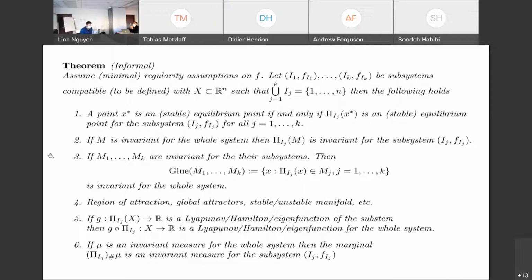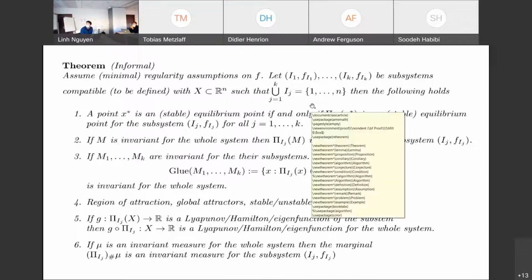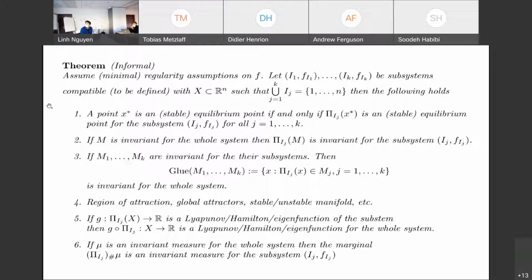So, for example, the first one is trivial. If you have an equilibrium point, then this is clearly also an equilibrium point of the subsystem. And even using this assumption here that says we have enough information only from the subsystems, we can also say if such a point is an equilibrium point for all the subsystems, then we already know it has to be an equilibrium point for the whole system as well.